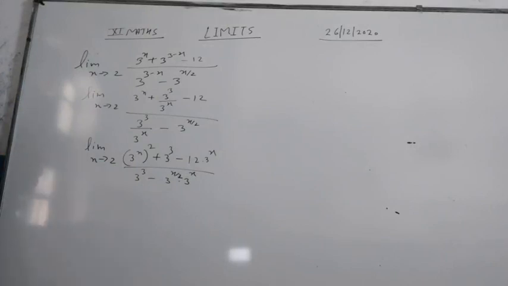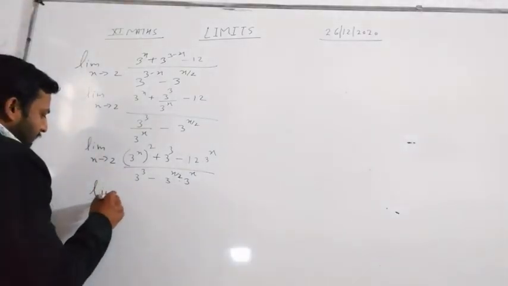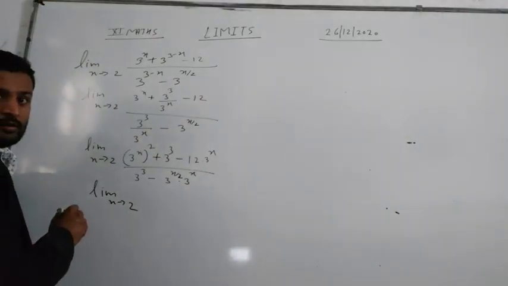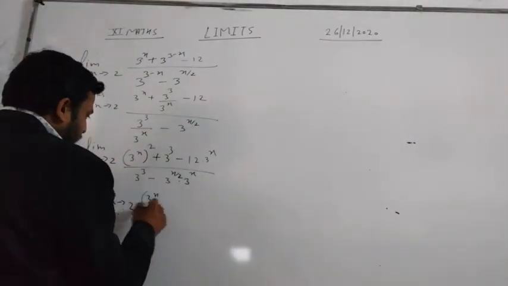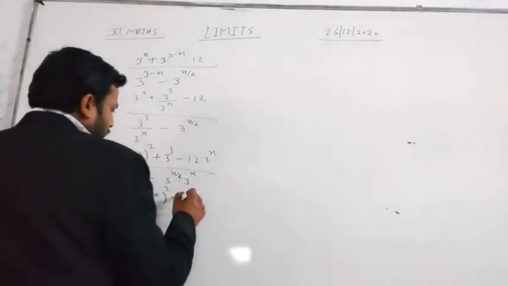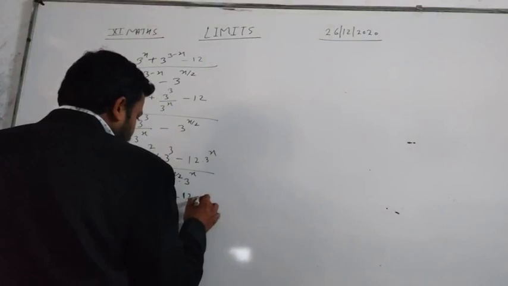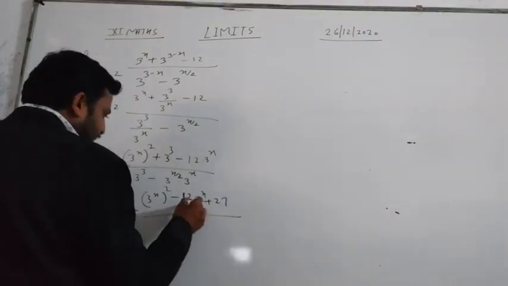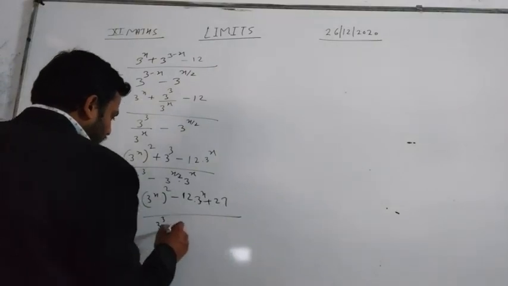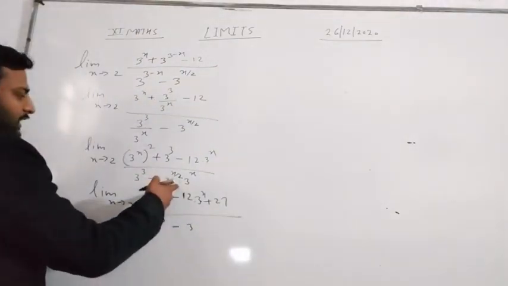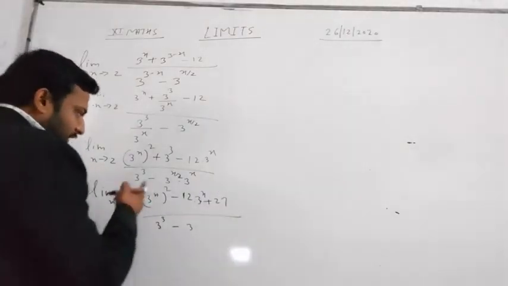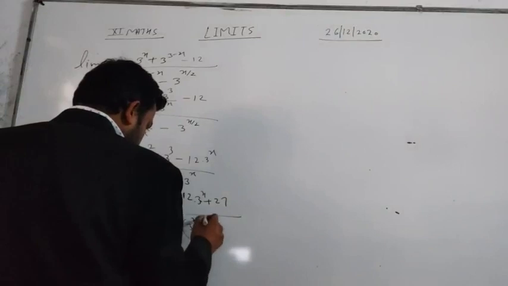Now we write this, student: limit x tends to 2, (3 to the power x) whole square minus 12 into 3 to the power x plus 27, by 3 to the power 3 minus 3 to the power x by 2 to the power 3.